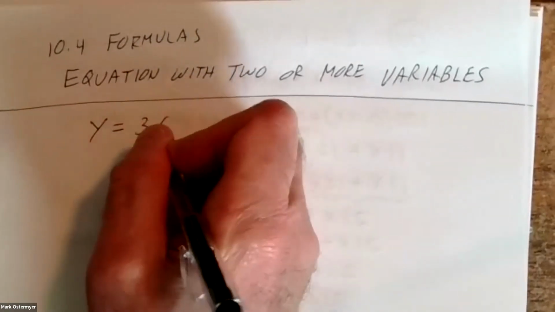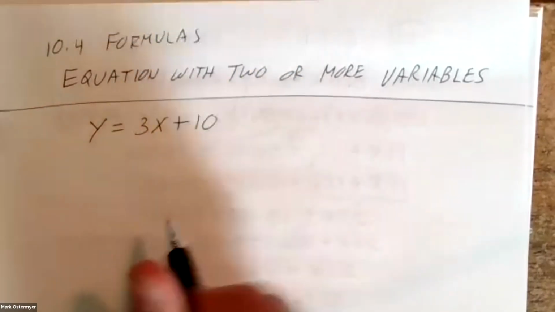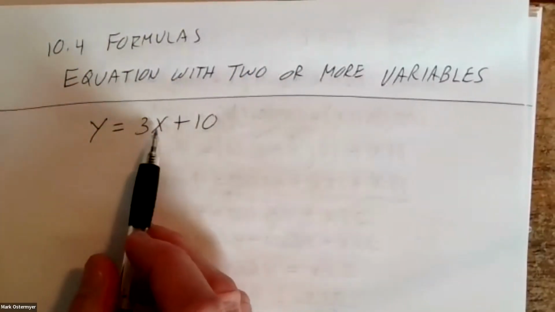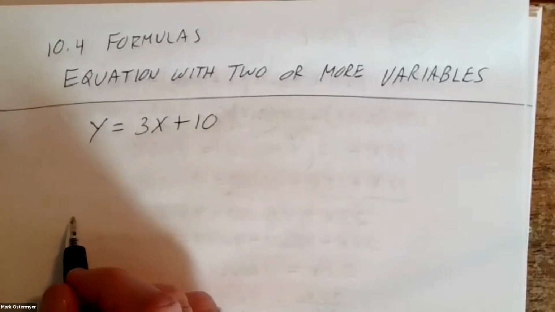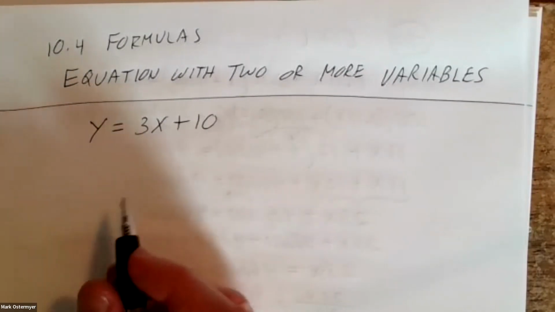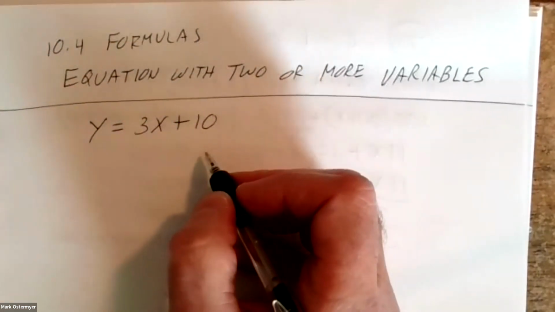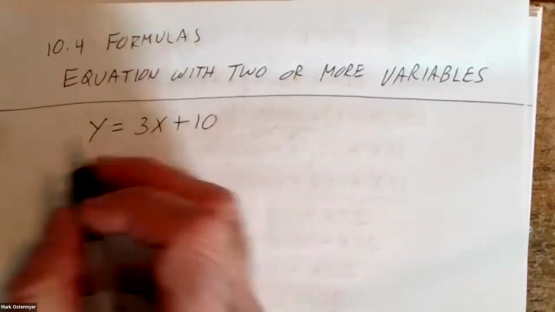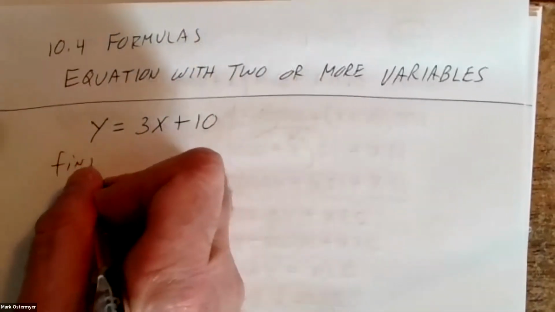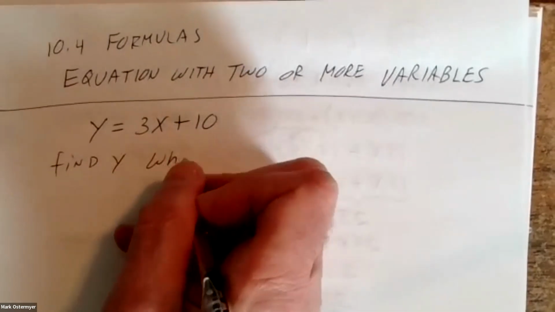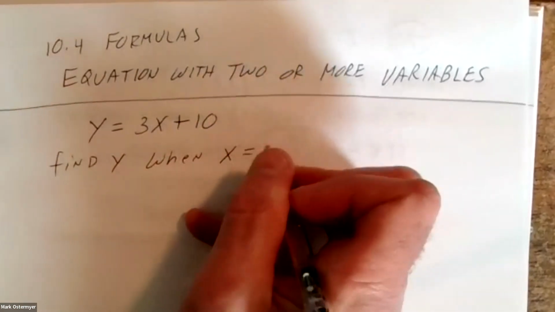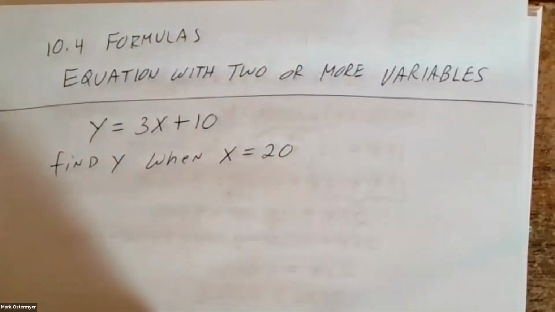Y is equal to 3x plus 10. That's a formula. It's an equation that involves 2 variables, 2 different variables. Okay. Suppose I want you to, using this formula, find y when x is equal to 20.